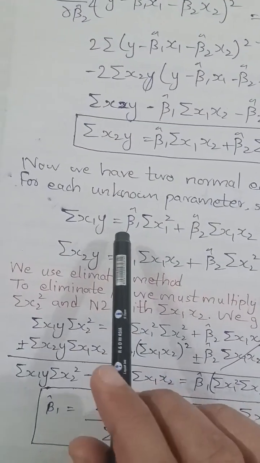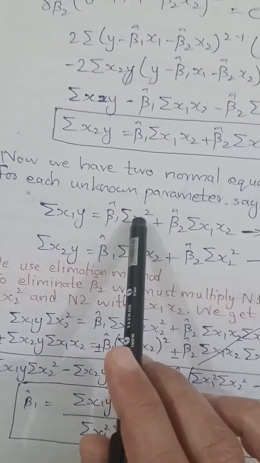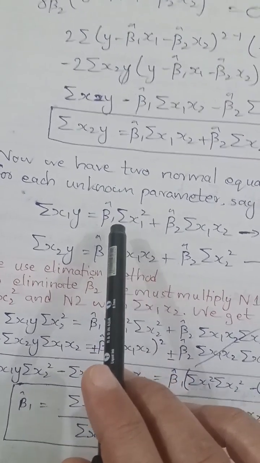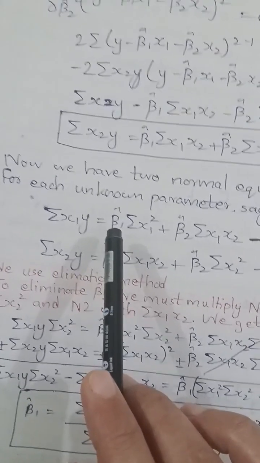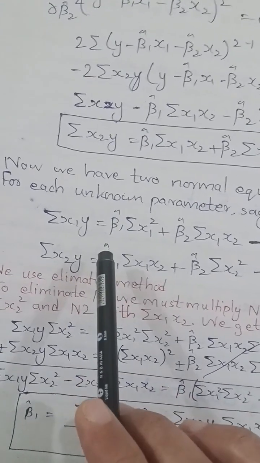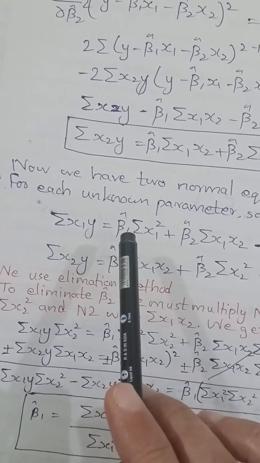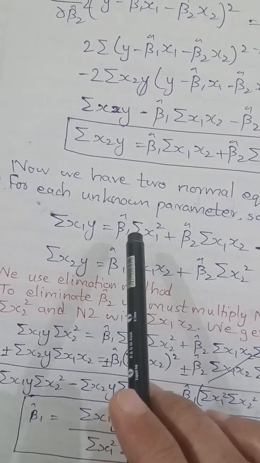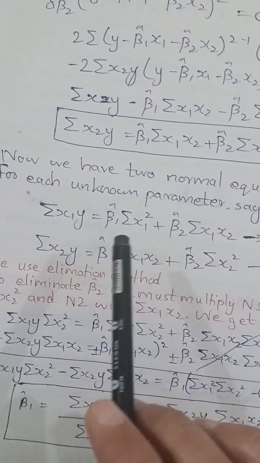Look at this. This is our simultaneous equation system. This is our simultaneous equation model. Why? Because you can see that we have two unknown parameters and two equations. So the system is satisfied. So we can solve this system by using the simultaneous equation methods.